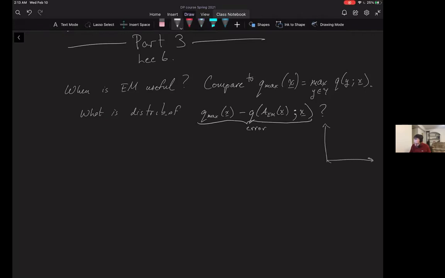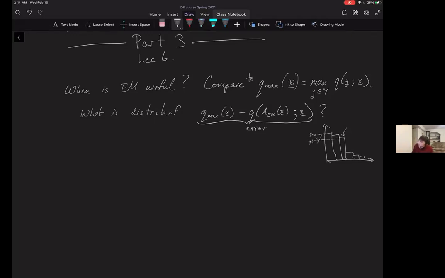So again, in our approval voting example, if we output this candidate here, then our error is this distance between the score of the maximum, that would be Q max up here, and then down here would be Q of the thing we output.